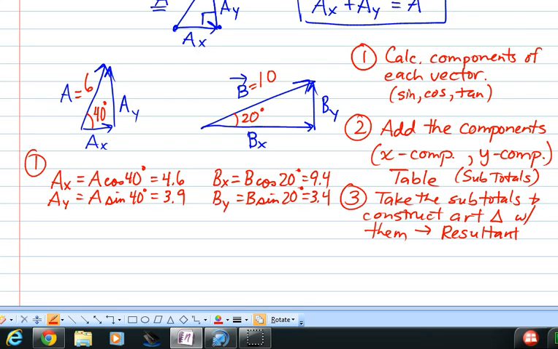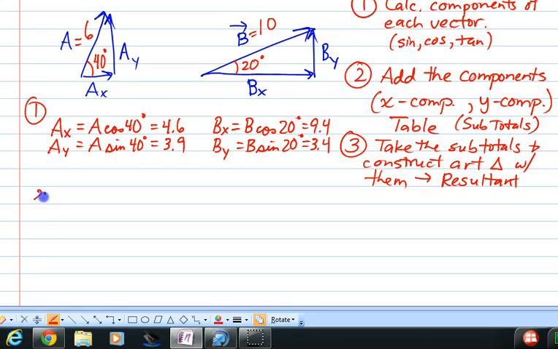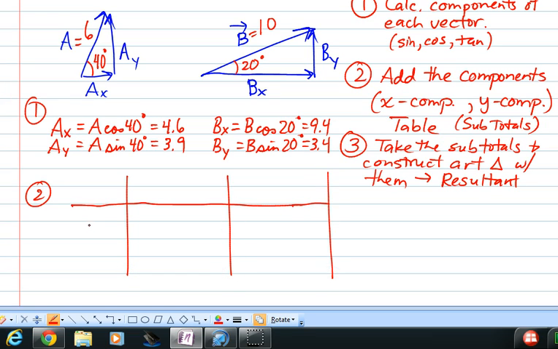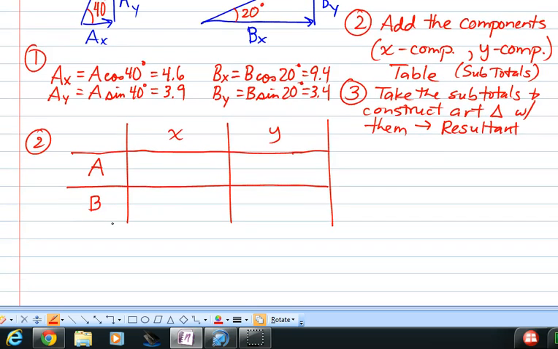Step 2 is to add them up, and I like to organize them in a table. So what I do is I write it kind of like this. Here's vector A, here's vector B, x component, y component. If you have more than 2 vectors, you can just keep on going, if there is a vector C, a vector D, so on and so forth.